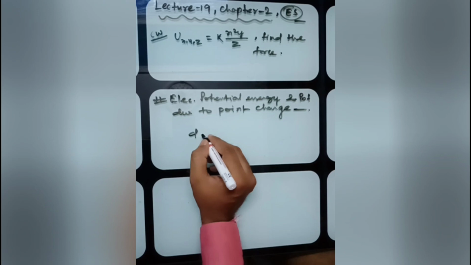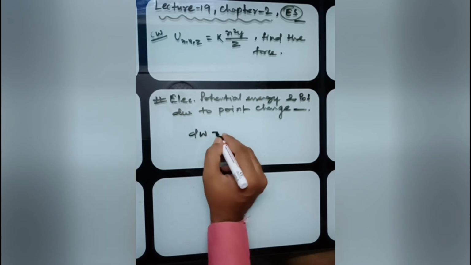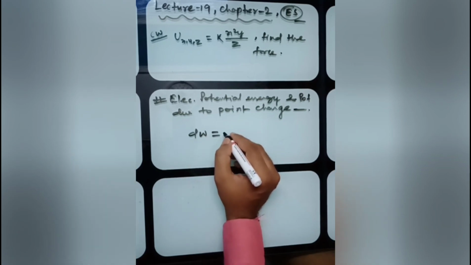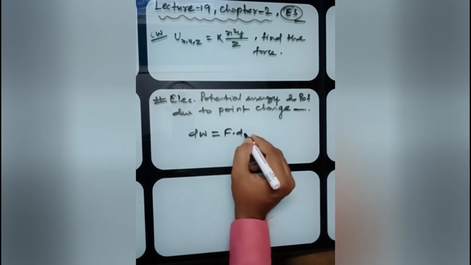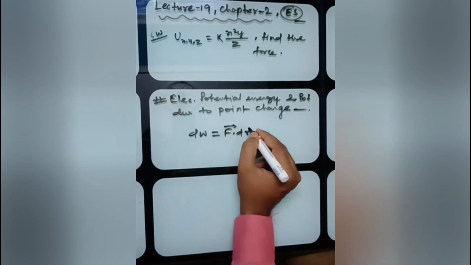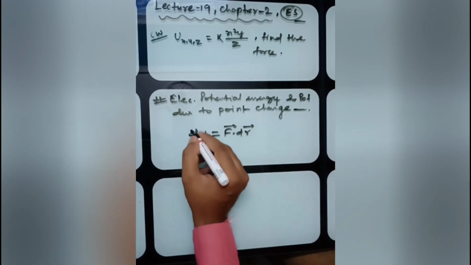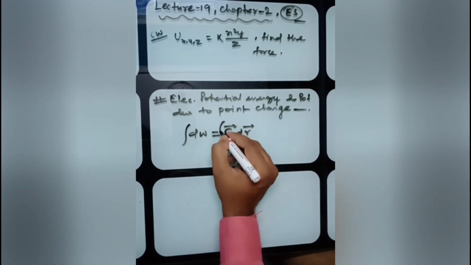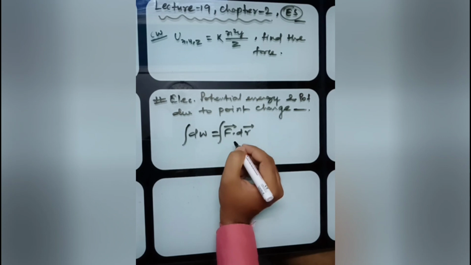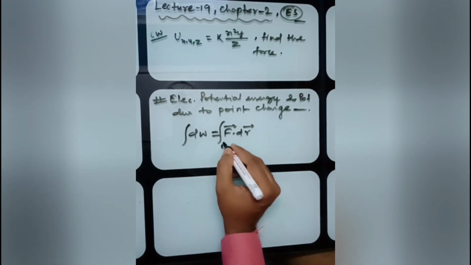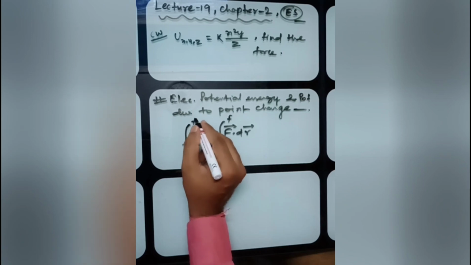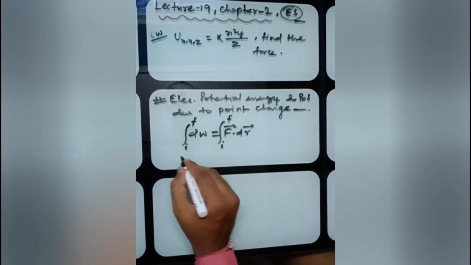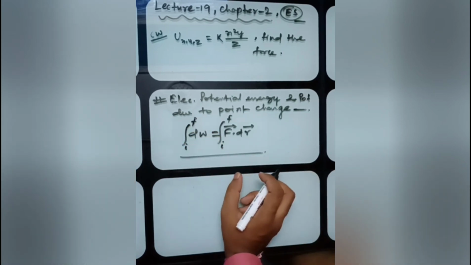It was the elemental work done, dW equals F dot dr. This is the vector quantity. And we will have the total amount of work done from initial to final point. It is the limit. This one we know.